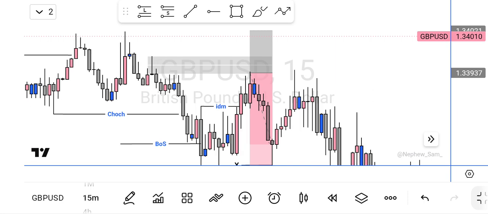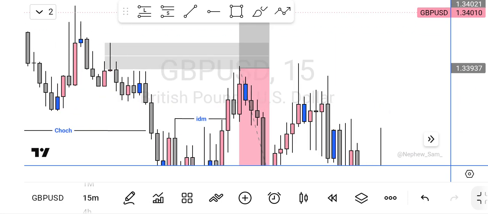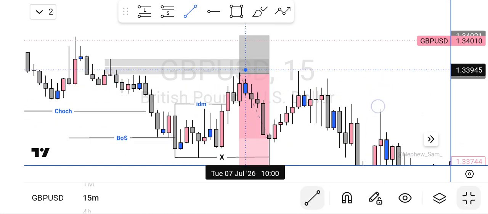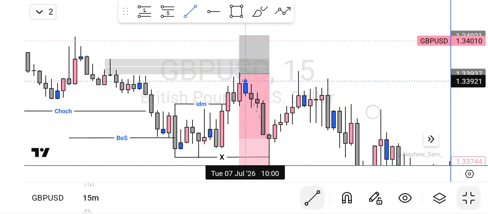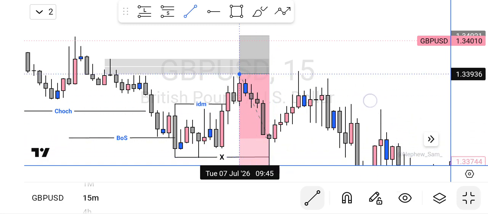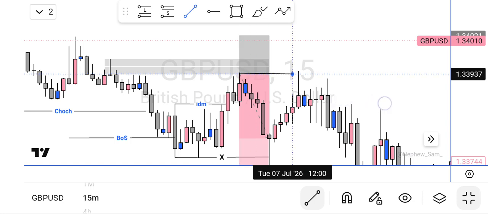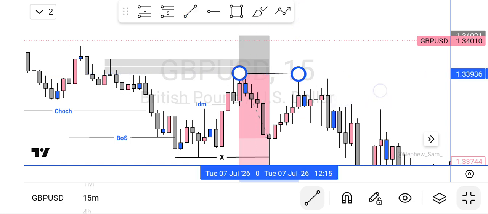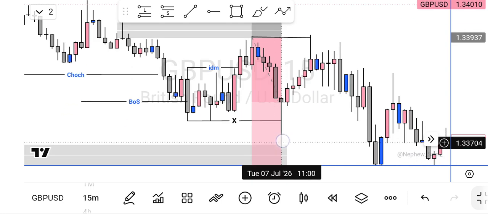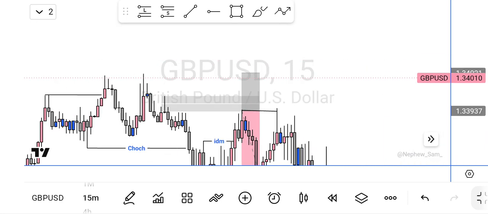Then the second, what I now saw next was, okay, after this, we did not have any key level inside of this range here, and this sweep is going to take out this high. But what I didn't know before was, is this sweep, this bullish rejection here, going to make the market continue to buy?